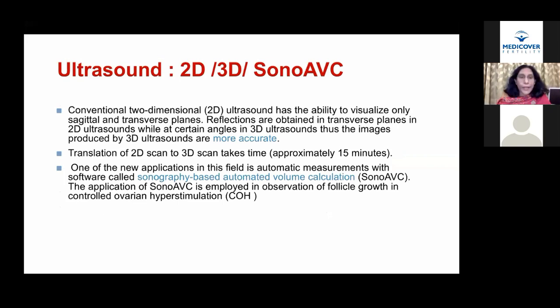Now, conventionally, two-dimensional ultrasound has the ability to visualize, but the reflections are obtained in two planes. Whereas if we have 3D ultrasound, then the picture can be more accurate. The translation of a 2D scan to a 3D scan takes time, approximately 15 minutes.